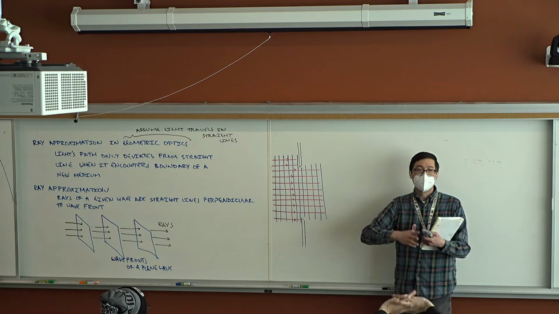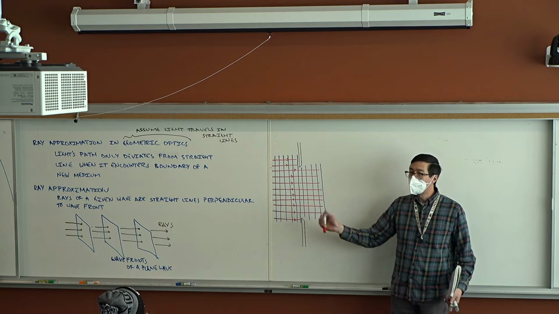So if the obstacle is this slit, it's kind of big compared to the wavelength, you don't see much diffraction.